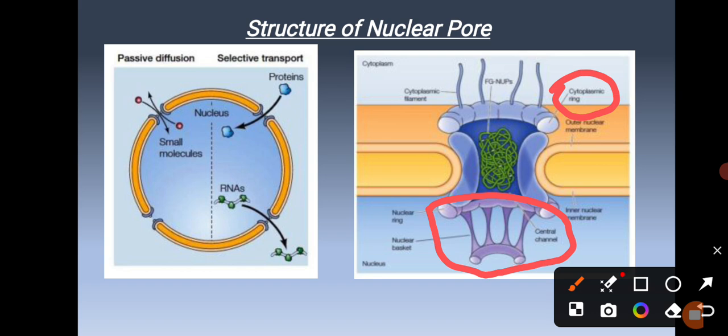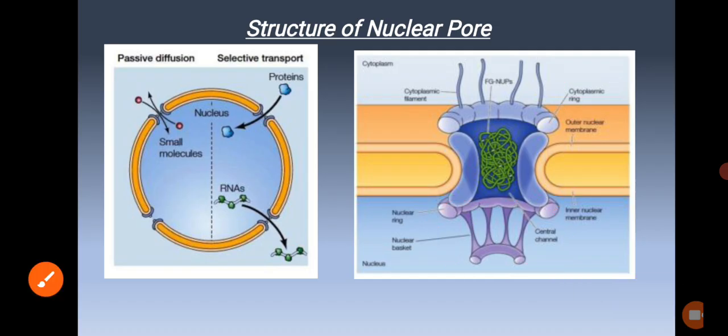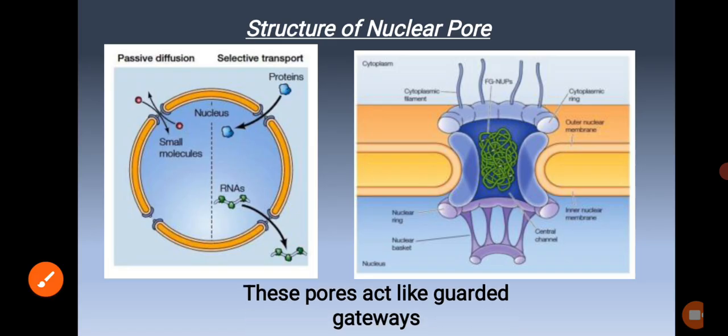These proteins create a selective barrier controlling nuclear transport. So what is the main function? That of guarded gateways.